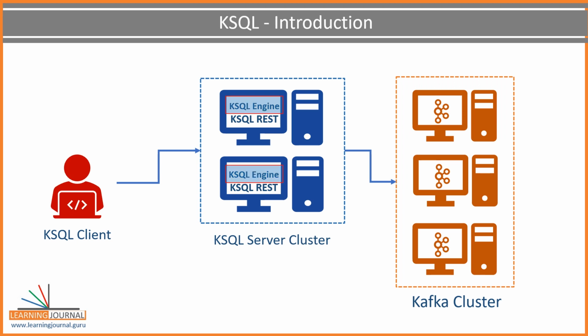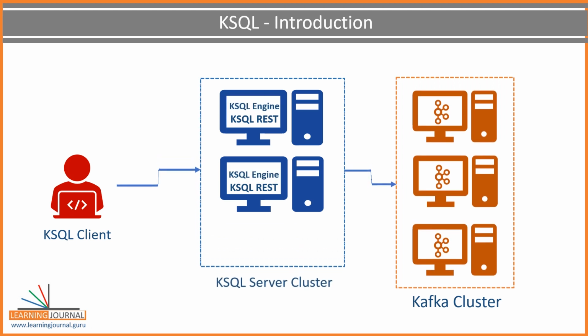The KSQL engine is the core component which is responsible for KSQL statement and queries. Under the hood, engine is going to parse your KSQL statements, build corresponding Kafka streams topology, and run them as streams tasks. And these streams tasks are executed on the available KSQL servers in the cluster.